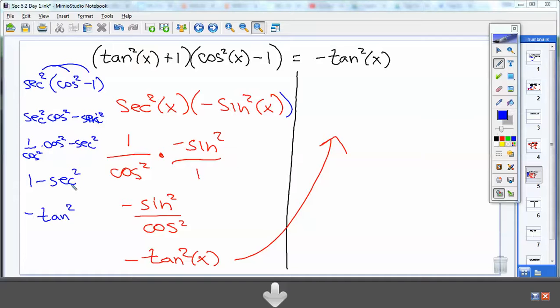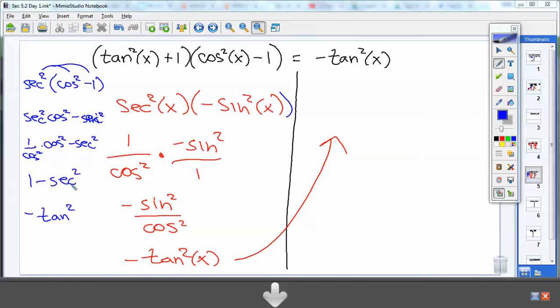I know I could pull out a negative on that, turn it into secant squared minus 1, which is tangent squared. And that's where that activity yesterday with those identities comes in handy. Knowing all the different versions of tangent squared plus 1 equals secant squared, I know that secant squared minus 1 is tangent squared. And so if I just flip it around, pull out a negative, I get negative tangent squared. And so there it is.